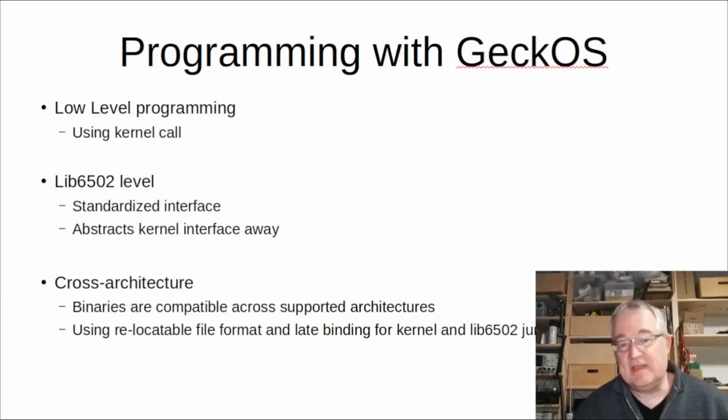So the binaries are compatible across supported architectures. You can build a binary, run it on the Commodore 64, run the exact same binary on the PET, or on the CSA, in any kind of memory architecture, because it's using the relocatable file format and late binding for kernel in lib6502, and that makes that happen.